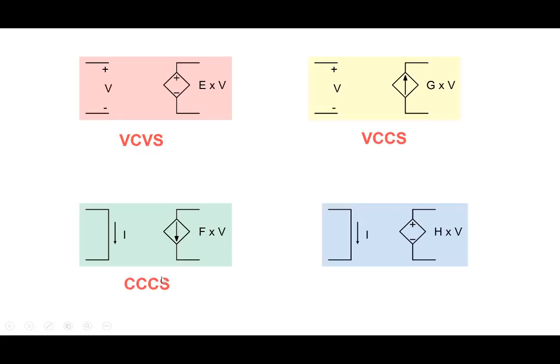In the next case, we have a current source here, that's where CS is there, and it is current controlled. It's controlled by current flowing between a pair of terminals here. And in the last case, we have a voltage source here, but it is controlled by a current. So it is a current controlled voltage source. So we can have four dependent sources: VCVS, VCCS, current controlled current source, and current controlled voltage source.